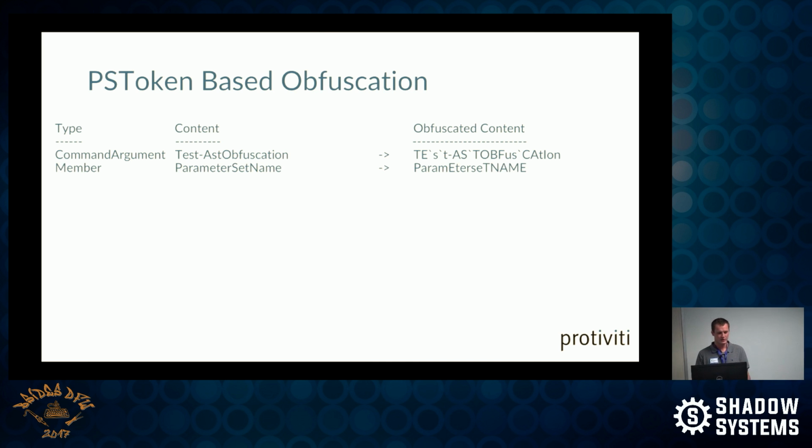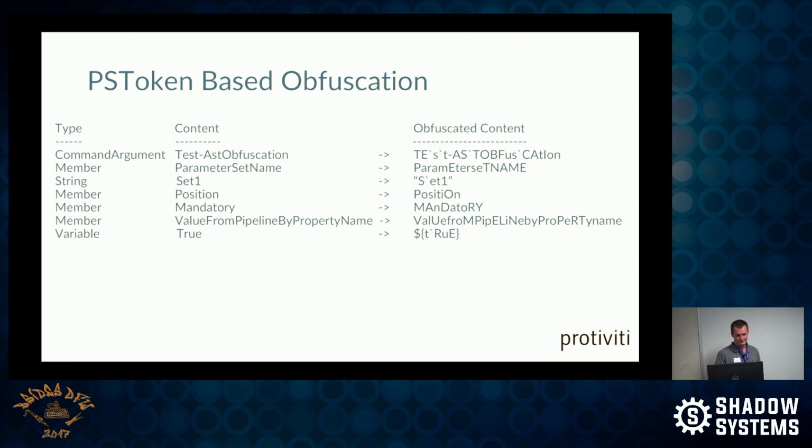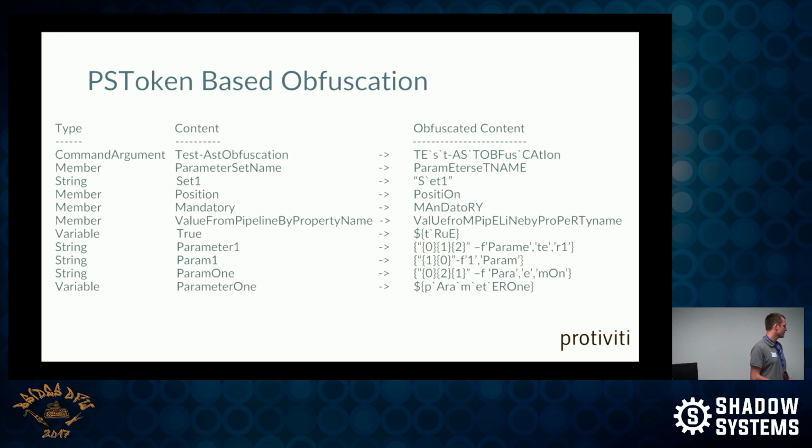We get this member token, oh, we can't insert ticks. We'll just randomly uppercase and lowercase things. Strings, we can insert ticks. Members, just uppercase and lowercase. And it keeps going. Variables, we can do the curly brace and ticks. And it obfuscates each one in isolation, is essentially what we're getting at here.